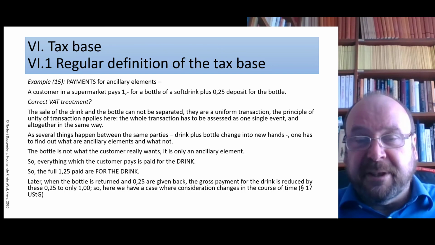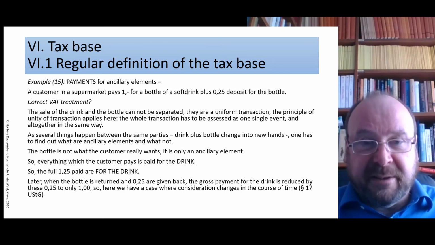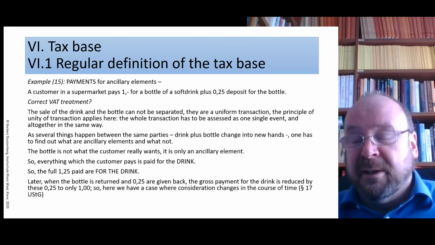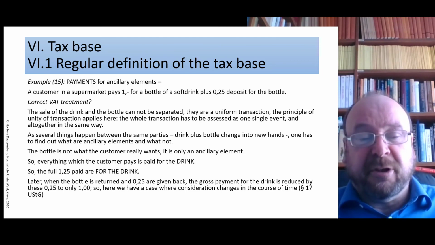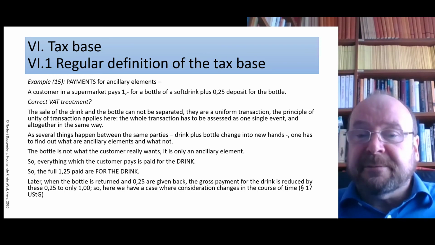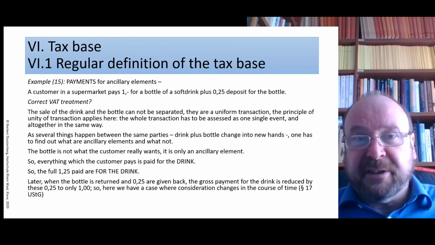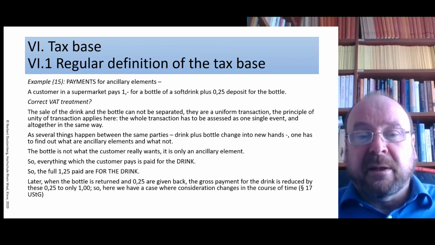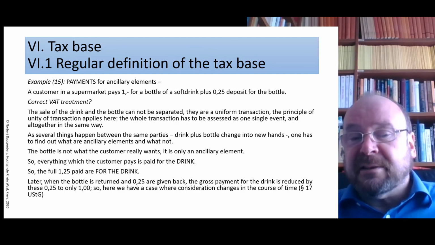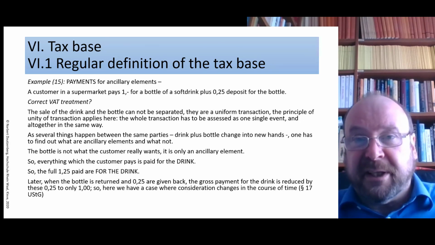So the original VAT treatment has to be corrected. And how that has to be done and when it has to be done is regulated by paragraph 17 of the German law. But the decisive thing is, first, the deposit is a part of the transaction remuneration. And only if you hand the bottle back, then the seller can correct the gross amount downwards.